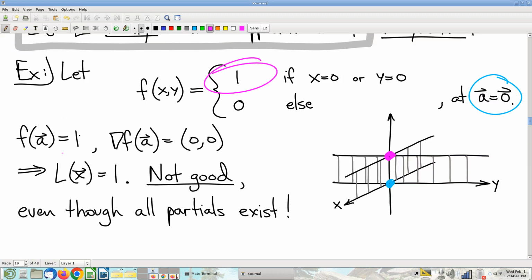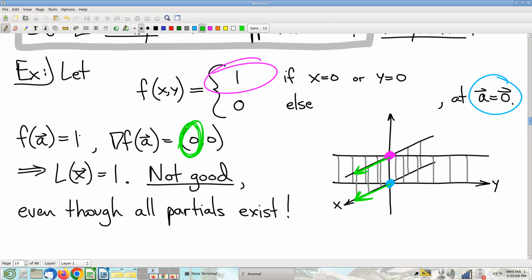Now the gradient, don't forget, is made up of partial derivatives. So this first entry here is the partial derivative as I move in the x direction: how does the value of the function change? And notice, it doesn't change at all. The value of the function is 1 at the origin, and as I move exactly in the x direction, I'm moving right along the x-axis where the value of the function remains 1.